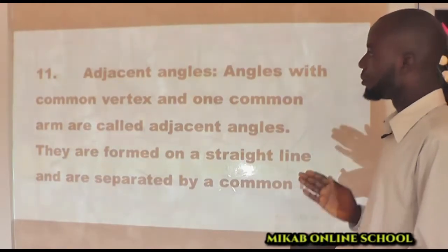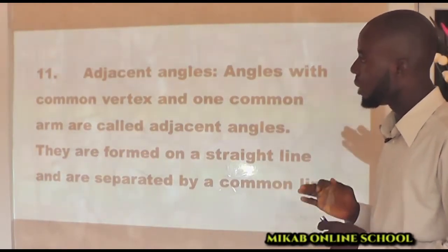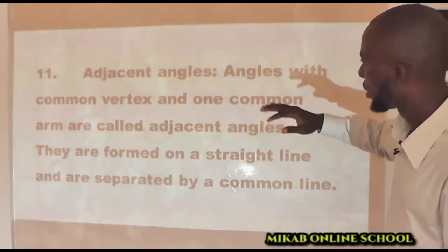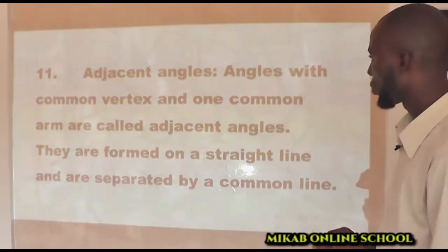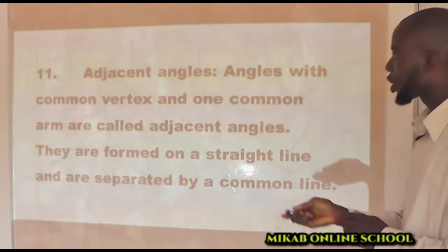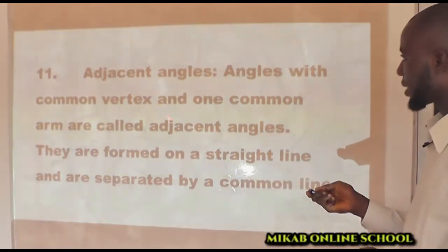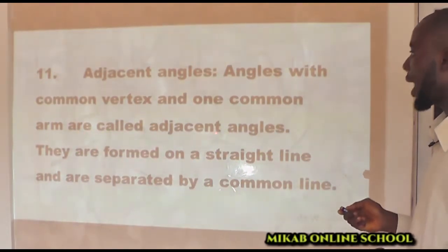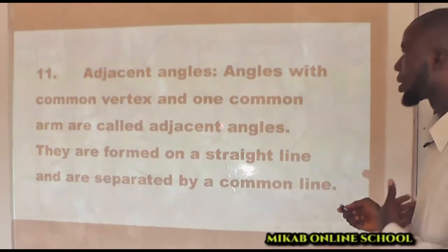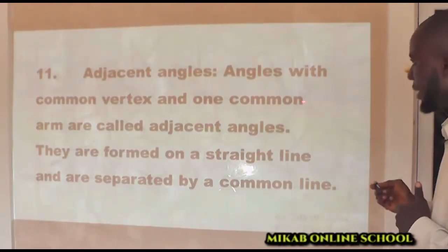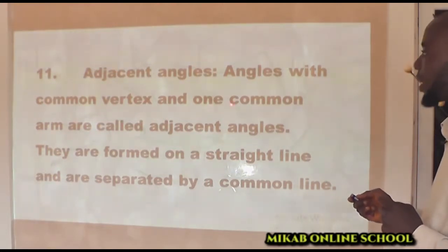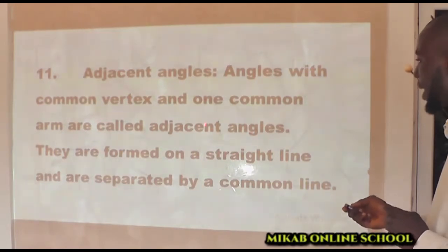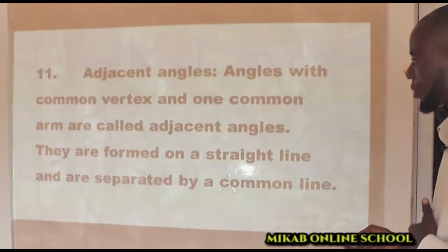The other name of angles that we shall look at this minute is adjacent angles. Angles with a common vertex and one common arm are called adjacent angles.